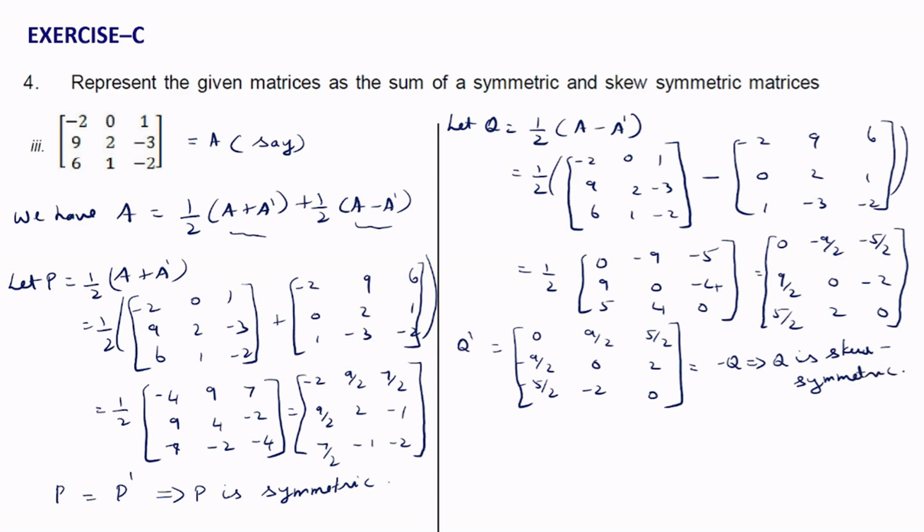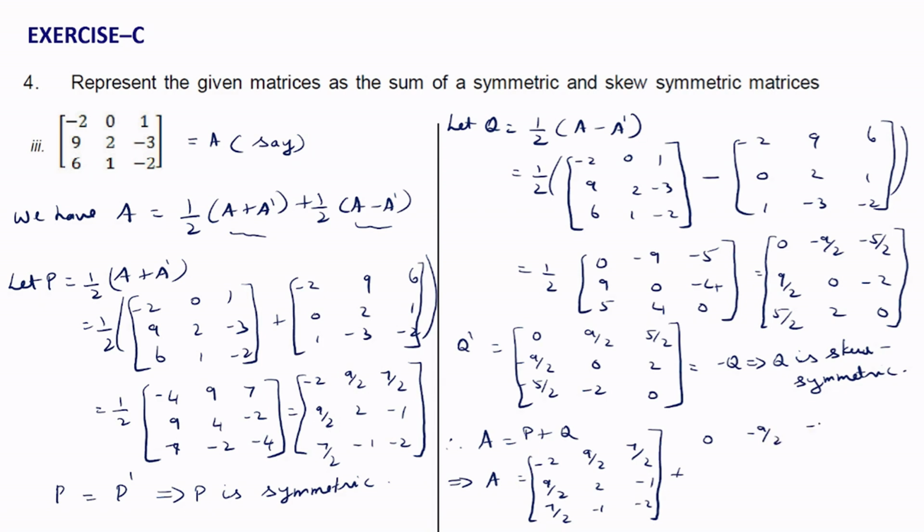So we can write A as P plus Q. Therefore, A equal to P plus Q implies A equal to minus 2, 9 by 2, 7 by 2, 9 by 2, 2 minus 1, 7 by 2 minus 1 minus 2 plus Q. Here P is symmetric and Q is skew symmetric.